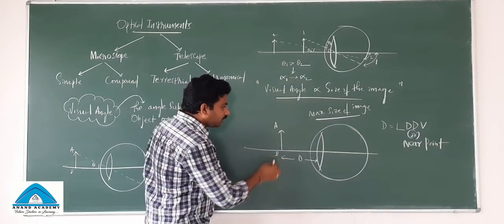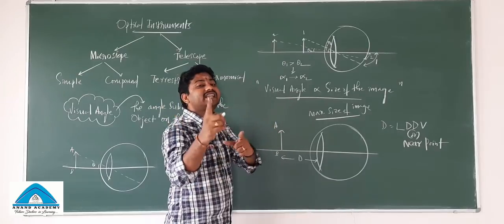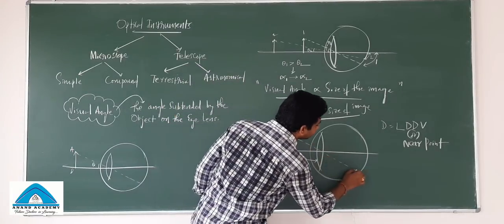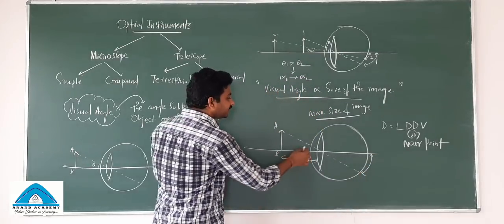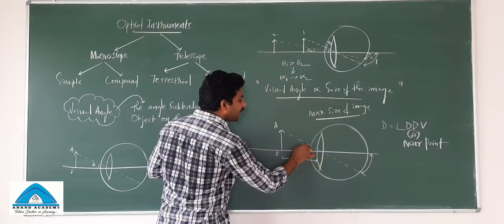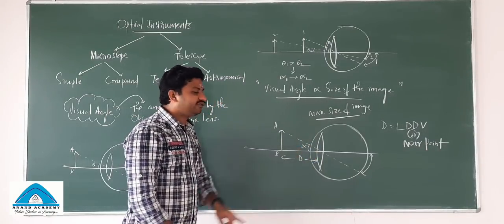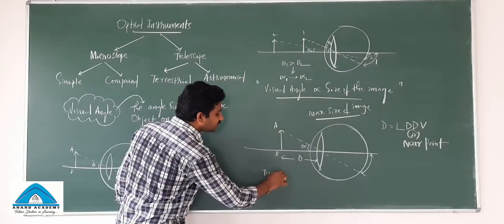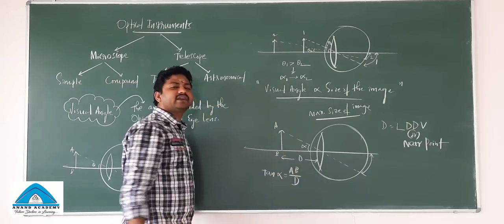Now, this object also will make an angle theta with the eye. That's called visual angle. You can see the visual angle here. So this is the image formed on the retina, and the visual angle will be called alpha here. And this is the alpha, you can write tan alpha is equal to AB by D. Can I write like this?